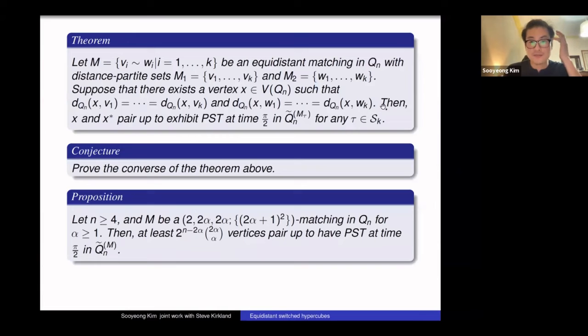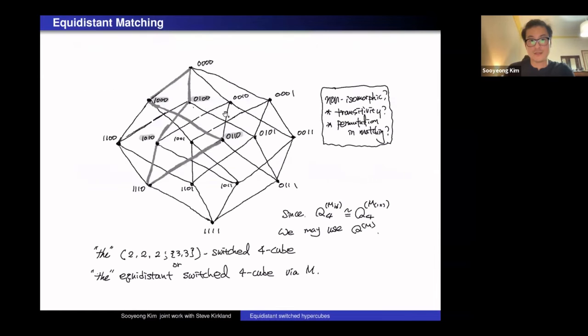So in this case, for any permutation tau, an equidistant switched graph, X and X star, pair up to exhibit PST at time pi/2. So let's consider this example again. In this case, 0, 0, 0, 0 is the same distance from 1, 0, 0, 0, and 0, 1, 0, 0.